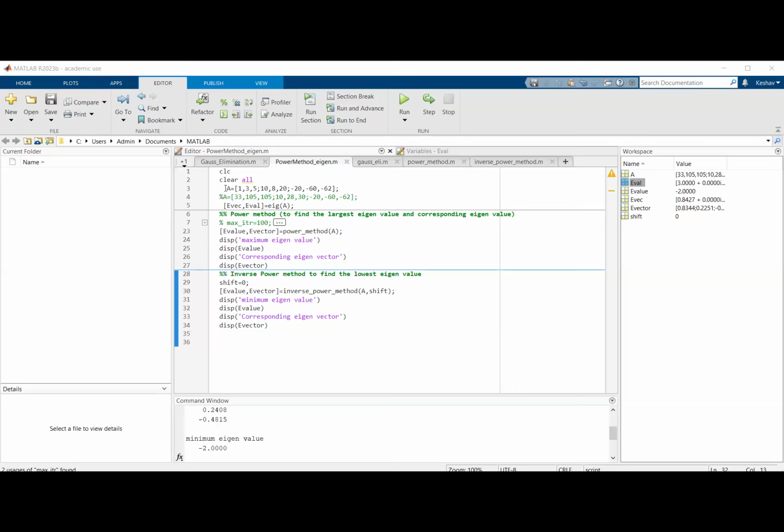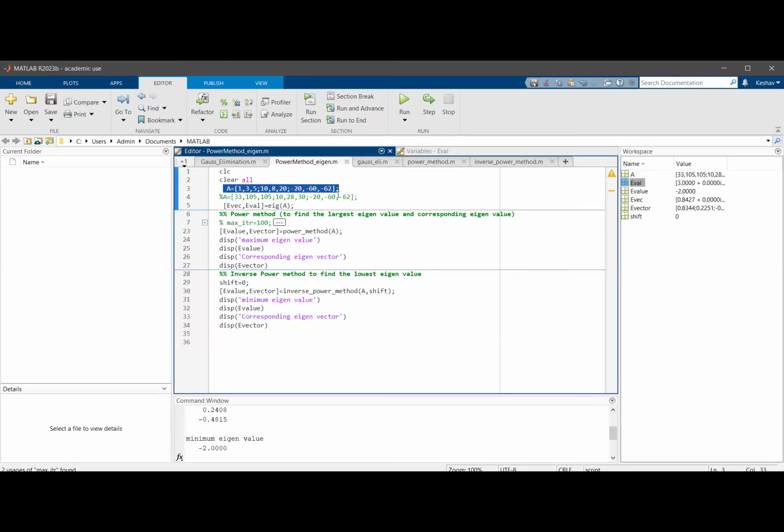So this is my A, whatever I have defined here. And this is the inbuilt function in MATLAB to find the eigenvalue and eigenvector. After running, I will check whether I am finding the correct eigenvalues and eigenvectors or not. Suppose I have defined shift as 0. Here I am calling the power method function to find the highest eigenvalue, and here I am calling the inverse power method function to find the minimum eigenvalue.